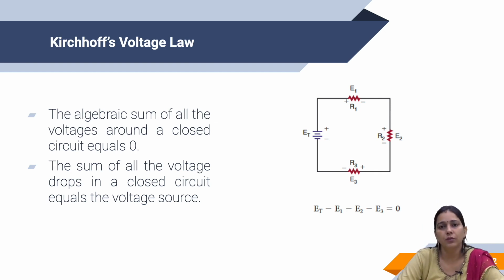So, ET will be equal to E1 across the resistance R1, E2 across the resistance R2 and E3, the voltage drop across the resistance R3. So, according to KVL, ET minus E1 minus E2 minus E3 will be equal to 0. In this manner, we can use KVL to solve numerical problems.